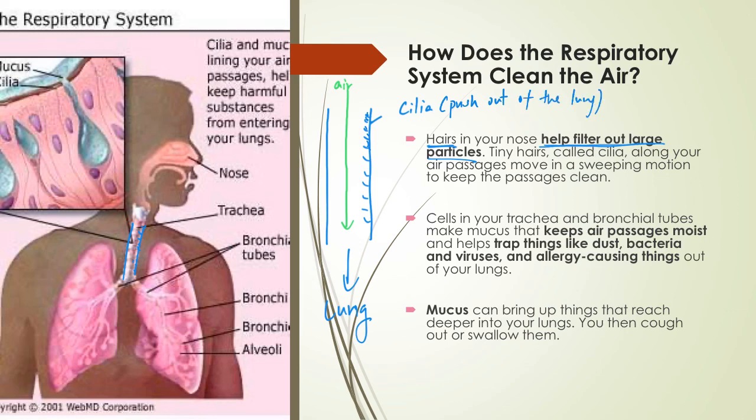Imagine there's some particle attached on the wall. It would be very troublesome if we just allowed these red dots to stay in the air tract. However, with the function of the cilia, those particles will eventually be pushed out of our lung to protect our lung.